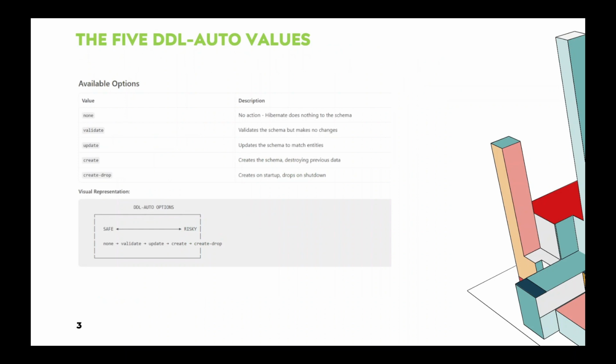For this key, basically we have five values: none, validate, update, create, create-drop. None means that during the start of the application or reloading the application, Hibernate does not check for the tables and their information. It just tries to start without checking anything. So through the backend, using SQL commands, you need to create tables, alter tables, and manage the backend.